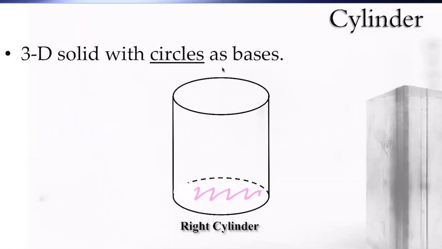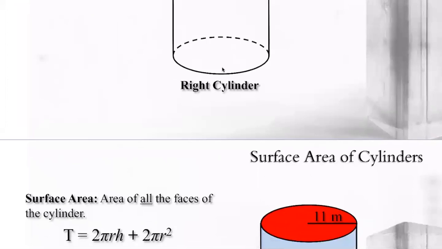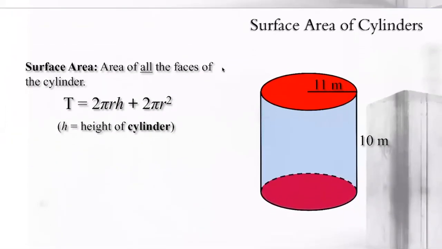Now, what we're going to focus on, like we said, with these three-dimensional solids is really just 2 main concepts: how to find surface area, how to find volume. So for a cylinder, when we want to calculate surface area, we have a formula, which you can see here.